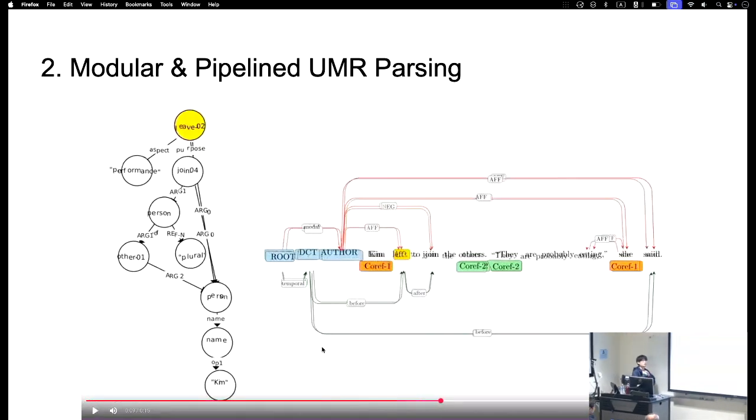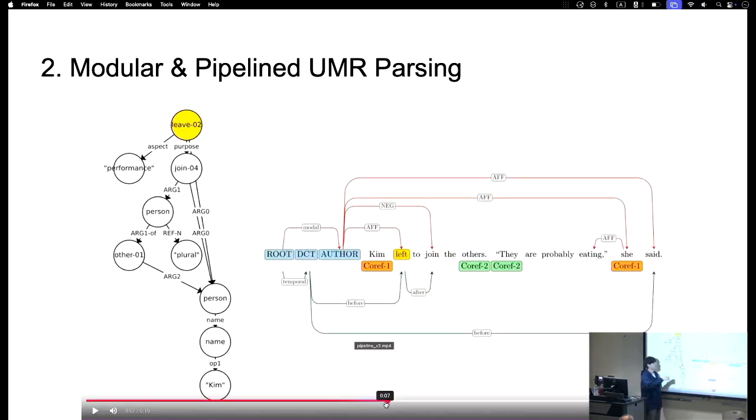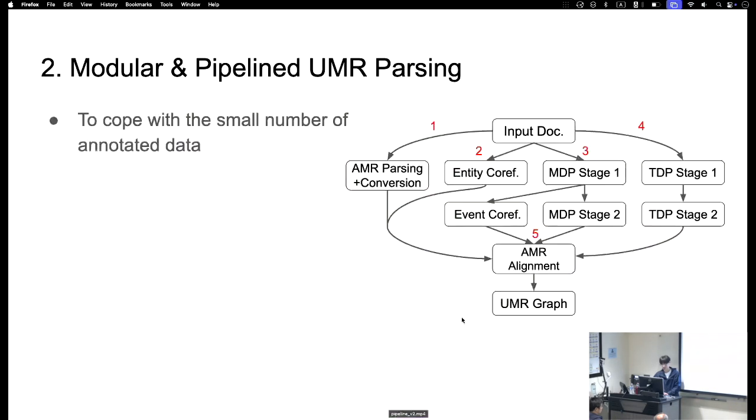Only after you do this alignment, and only when you have made this alignment, can all these edges that would be left or leave-02 as participant be inherited in the final UMR graph. Like so.